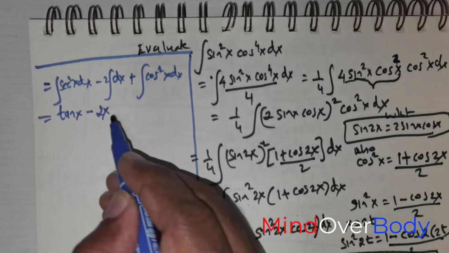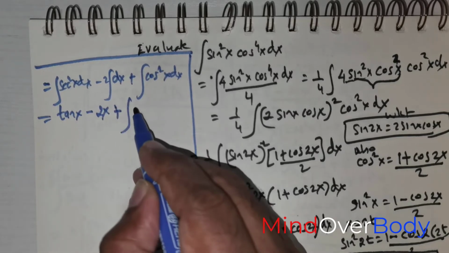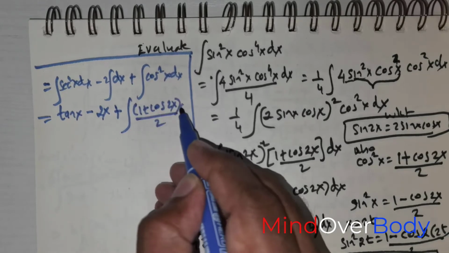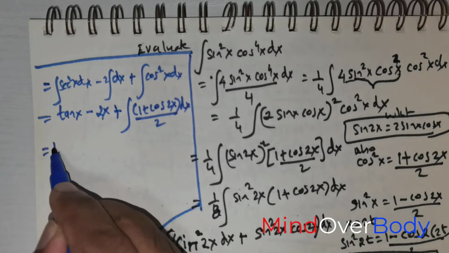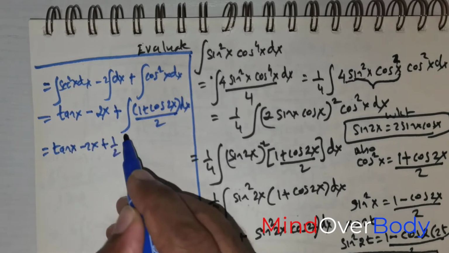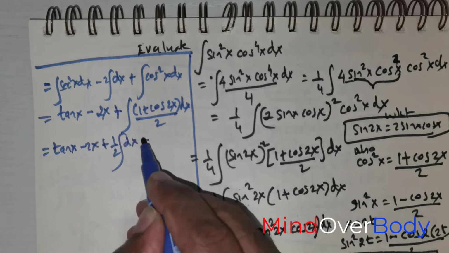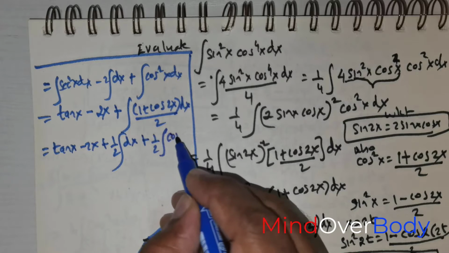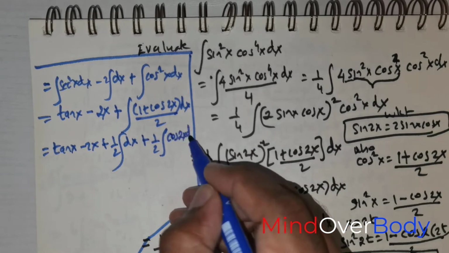This is going to give me x. Now cos squared x, I'm going to write it as 1 positive cos 2x divided by 2 times dx. So this is equal to tan x negative 2x, positive 1 over 2 can be taken out, that's going to give me dx. 1 over 2 is already taken out, so this is going to give me cos 2x dx.